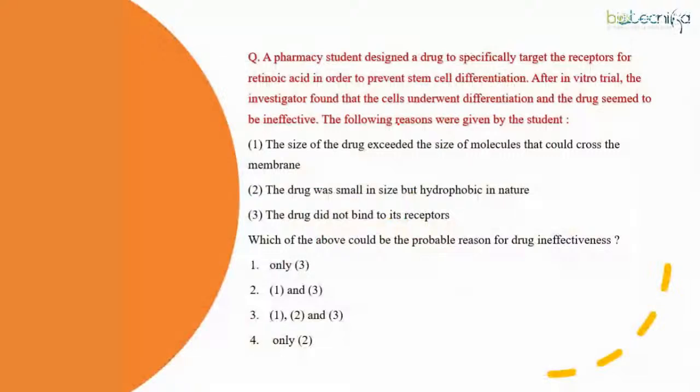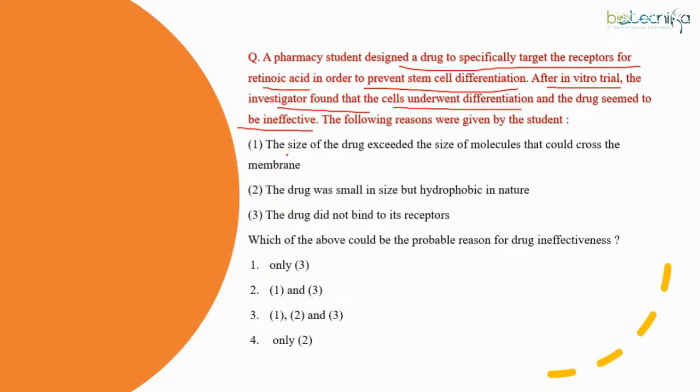Moving on to our next question. A pharmacy student designed a drug to specifically target the receptors for retinoic acid in order to prevent stem cell differentiation. After the in vitro trial, the investigator found that the cells underwent differentiation and the drug seemed to be ineffective. Here some reasons are given by the student.